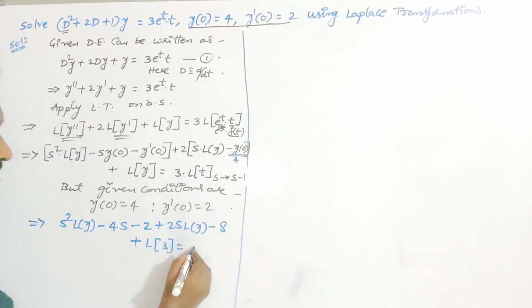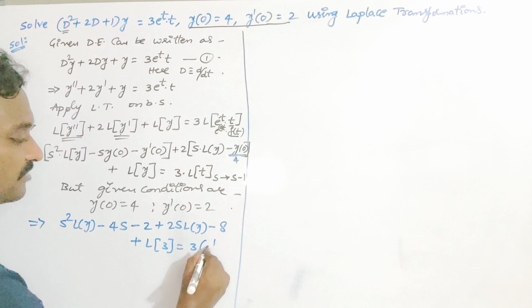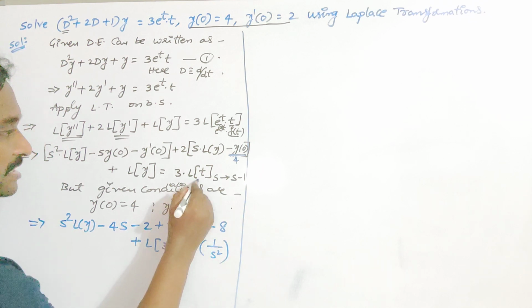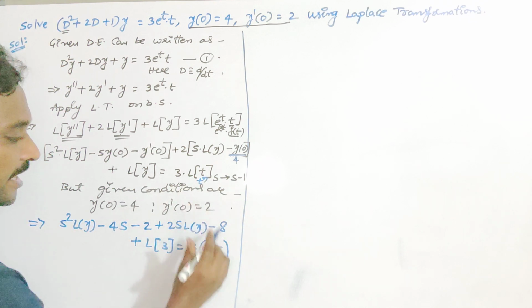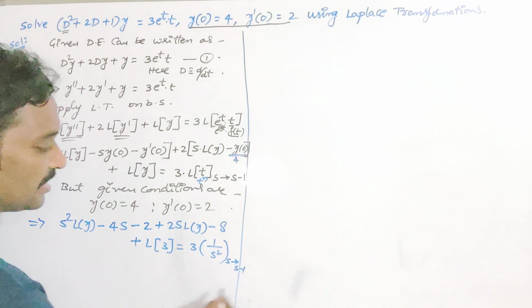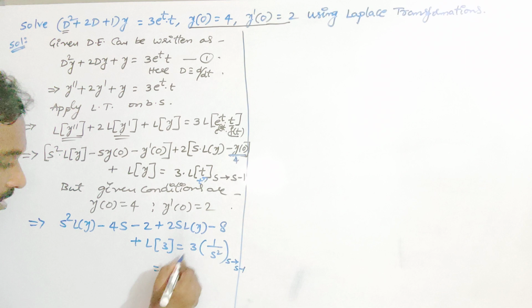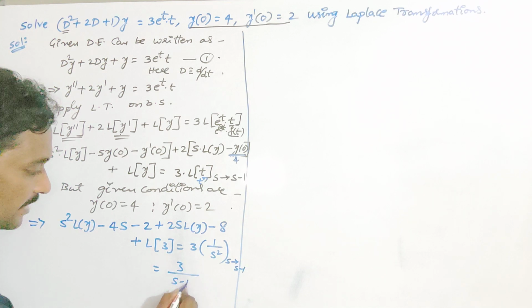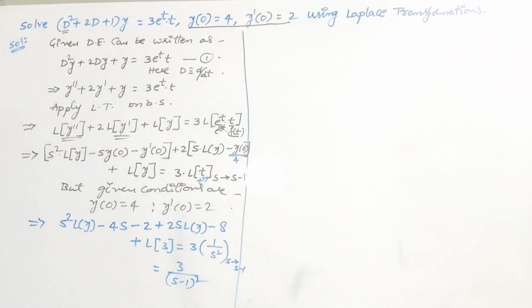What about the next one? 3 into L of t is 1 by s square because it is in the form of t power n, and in this formula we have to replace s by s minus 1. So, you will get 3 by (s minus 1) whole square.